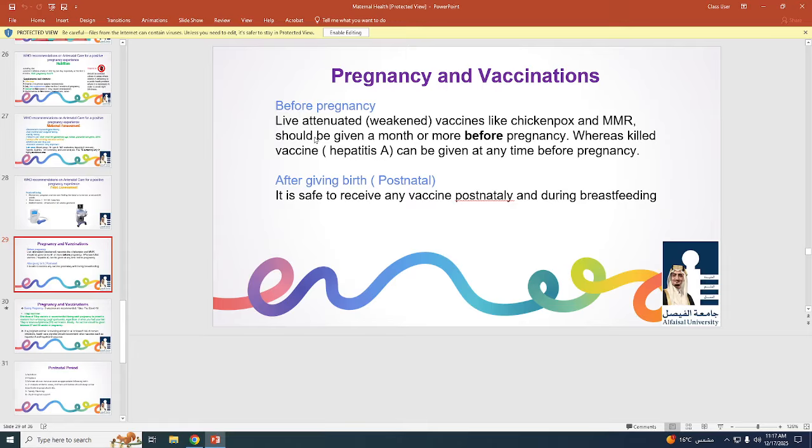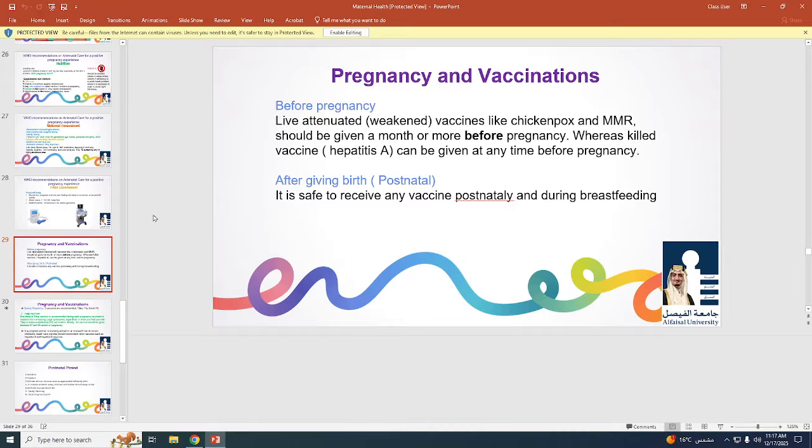Killed vaccine we can give even to a pregnant woman, if we have to; we can give the killed or inactivated vaccines. But live attenuated, no, we cannot give it during pregnancy, and we have to leave a 1 month period after vaccinating her with a live attenuated vaccine.